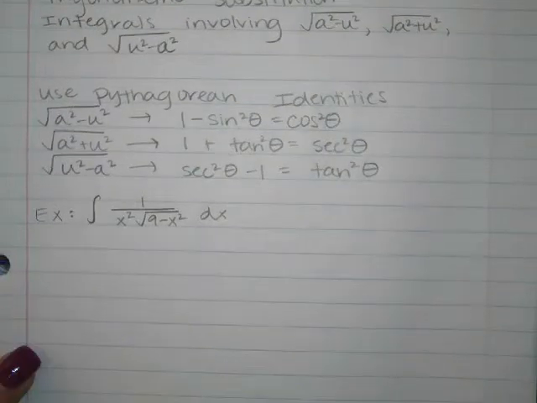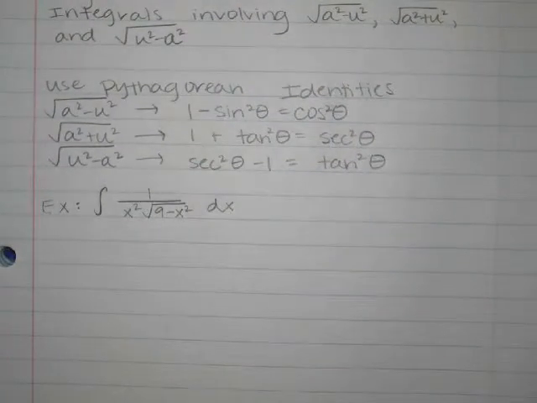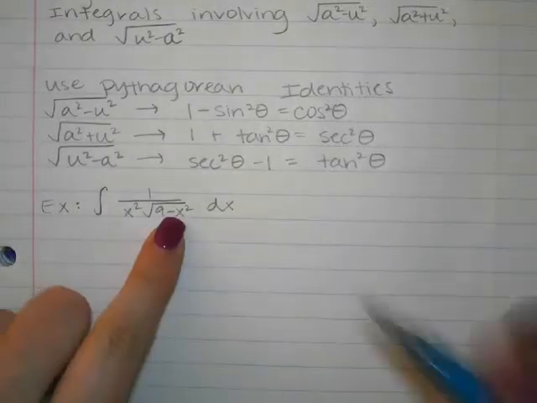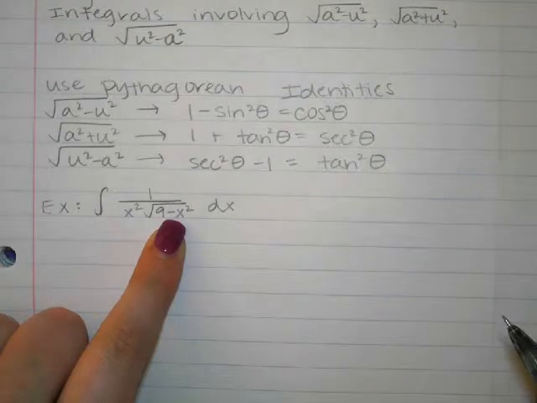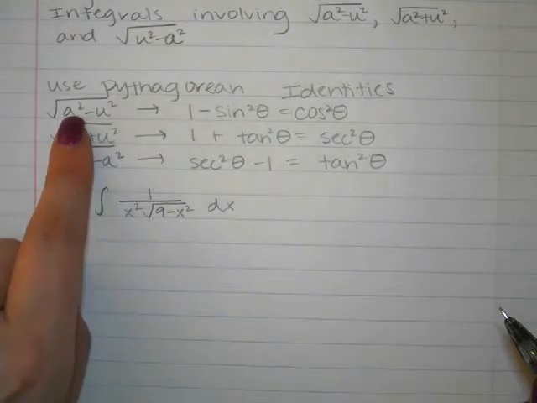So my first goal in a problem like this is going to be to take this problem and replace it with trig functions. That's my first goal, okay? So is this the first, second, or third situation? First because a is the number.